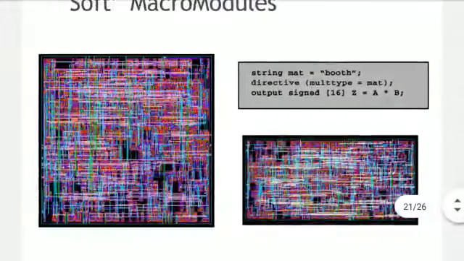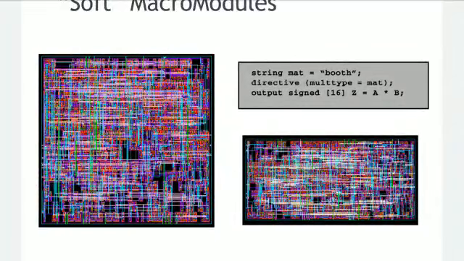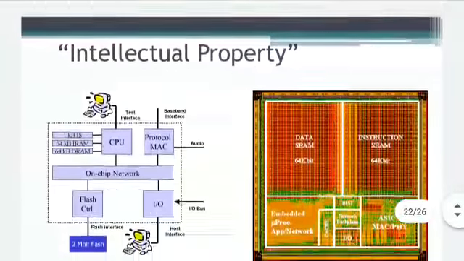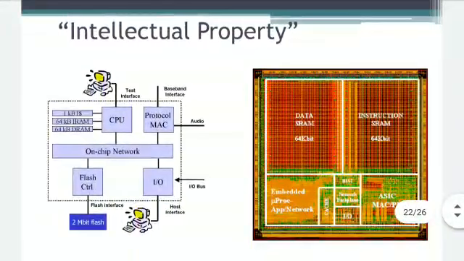Right? Now the availability of macrocells has substantially changed the semi-custom design landscape in the 21st century. With the complexity of ICs going up exponentially, the idea of building every new IC from scratch becomes an uneconomic proposition.